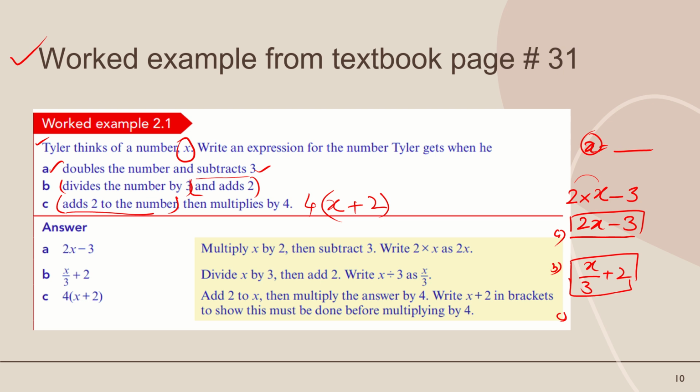First write the number, then add 2. First part complete. The second part is then multiply by 4, so use brackets. 4 multiplies both x and 2. This is the method you can use to write the algebraic expression.